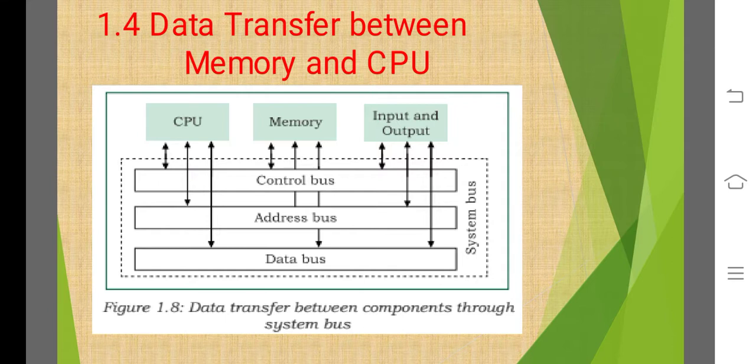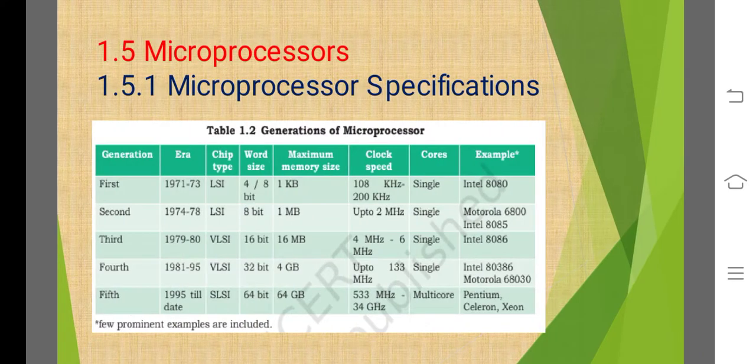Now let's move to the microprocessor. What do you understand by microprocessor? Microprocessor is a chip. In earlier days a computer used to occupy a large room, or multiple cabinets were required for processing. But with the advance in technology, the physical size of the CPU has reduced, and it comes into a microchip.